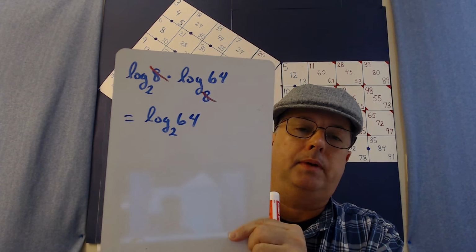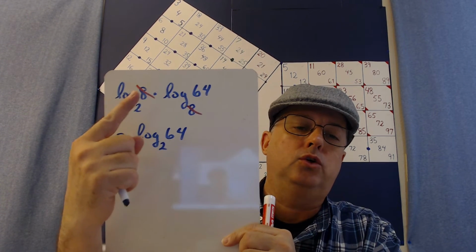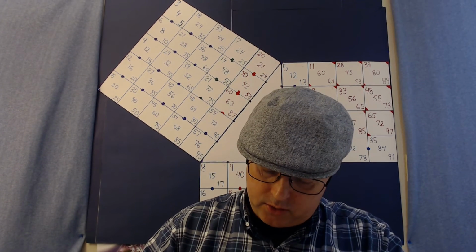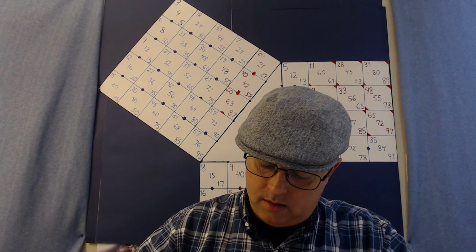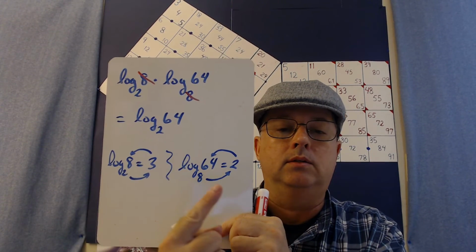Okay, now let's see that this makes sense. The log base 2 of 8 is 3, right? Because 2 to the third is 8. And then the log base 8 of 64 is 2, because 8 to the second power is 64.